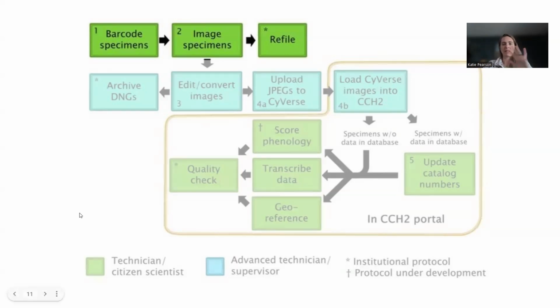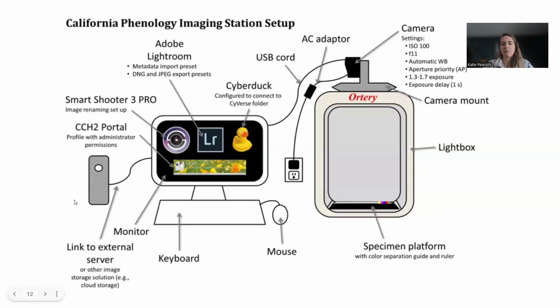So what we did is we barcoded all of our specimens and then we imaged them. We imaged them in this imaging station setup where we had a light box that had a mount on it that was connected dynamically to our computer. And then we were able to enter data into the CCH2 portal concurrently or not concurrently with the image first workflow.